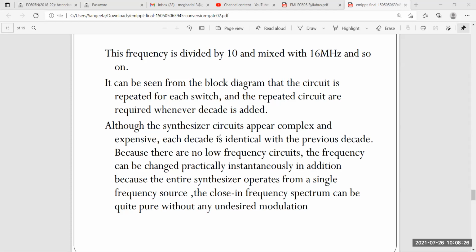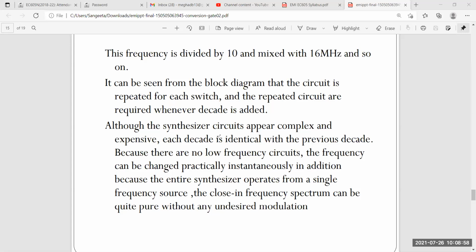In addition of each decade, the entire operation is going on from a single frequency source and is close in spectrum, without any undesired modulation. So modulation is happening here, but that is somehow desired. When the frequencies are changing from 18 megahertz, then this frequency divided by 10 is mixing with the 16 megahertz, modulation is repeating.